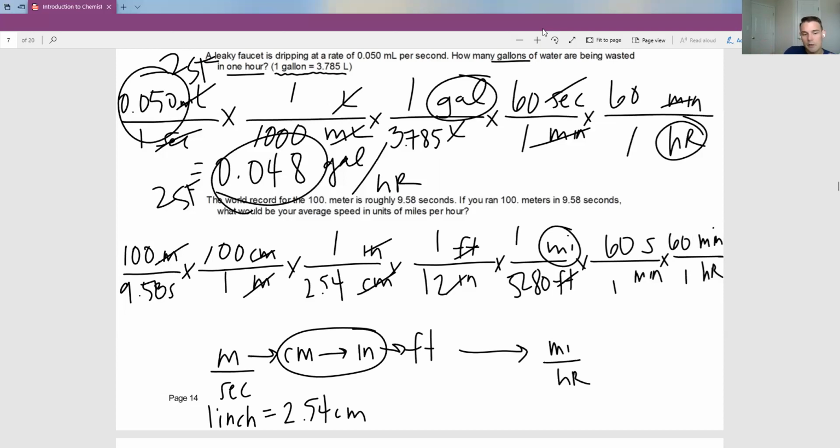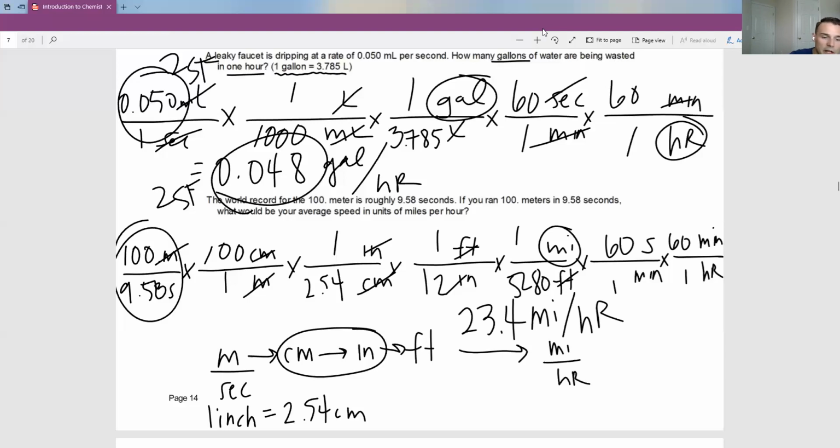Put that all in your calculator. Multiply everything on the top by each other, write that down. Multiply everything on the bottom, write that down. Divide those two numbers, or in parentheses, multiply everything on the top, close that parentheses, divide by new parentheses, multiply everything on the bottom, close that, put an enter. The answer is going to be 23.4 miles per hour.